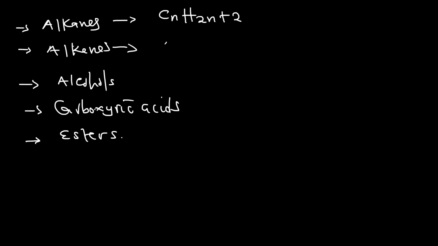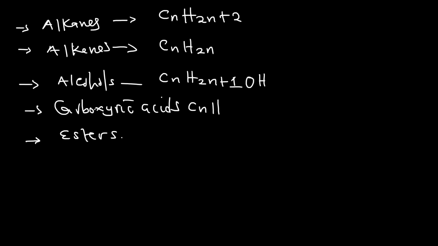Then for alkenes, it is CnH2n. So these you need to know them. Then for alcohols, it is CnH2n+1 then of course OH. Then for carboxylic acids, it is CnH2n+1 COOH. Then of course esters.